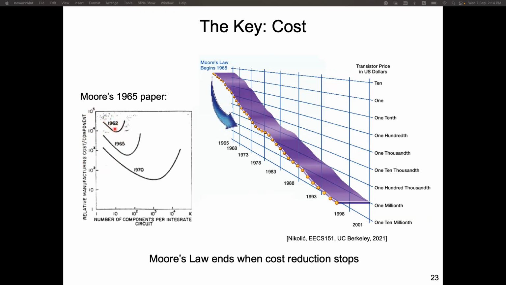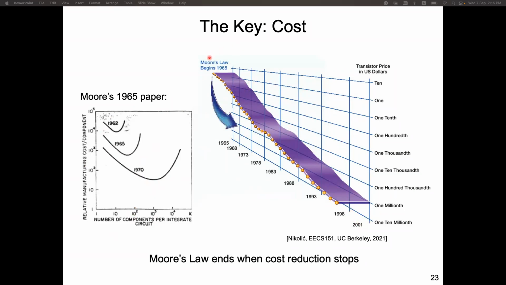This is 1962's cost. And this is a different level of integration. If you look at the minimum level here, the cost reduces from generation to generation. And this is more complete. This is the original data in the original paper. This just contains data up to year 2001.